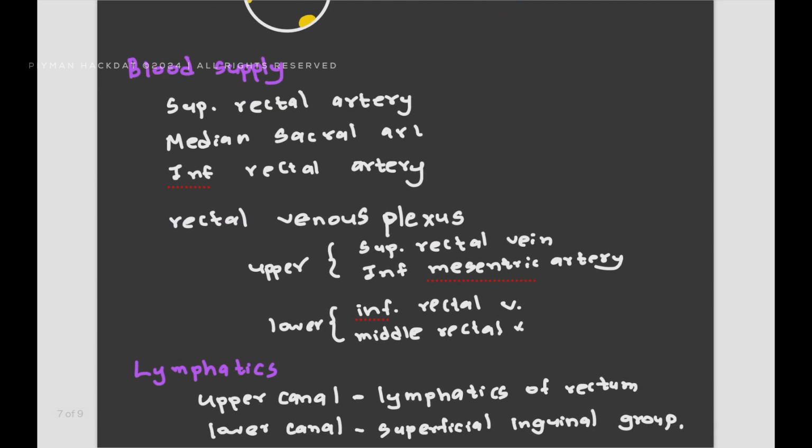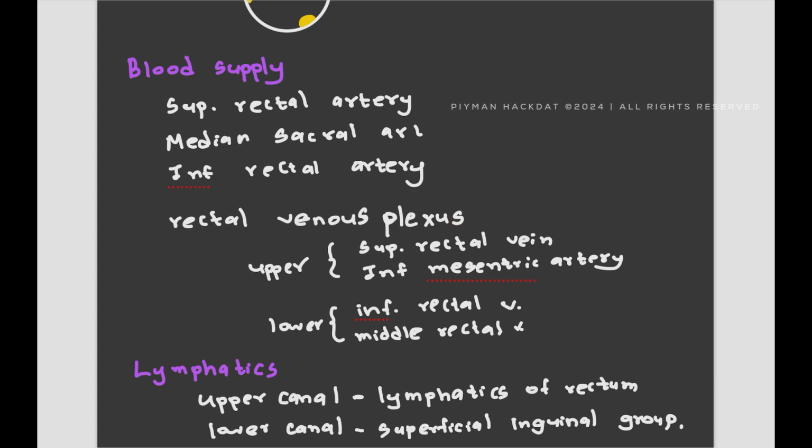So the blood supply of the rectum: the superior rectal artery and the median sacral artery supply the upper part, and the inferior rectal artery supplies the bottom part.